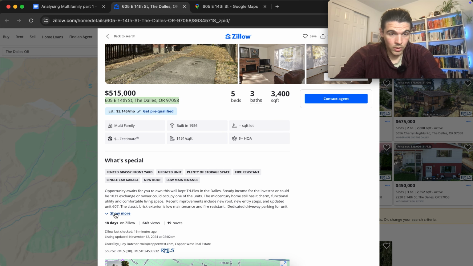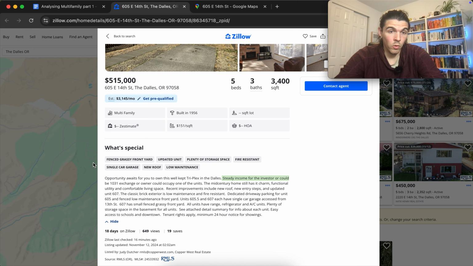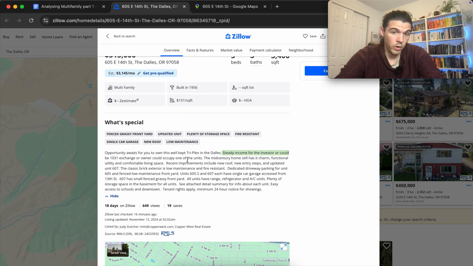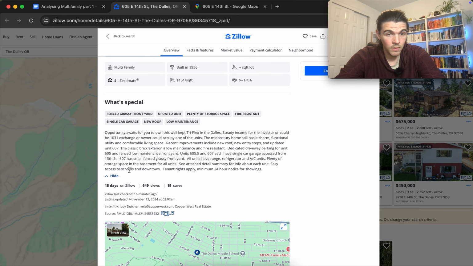So going through their listing, opportunity awaits you with this well-kept triplex. So it's 3 units in the Dalles. Steady income for an investor, or it could be a 1031 exchange, or only occupy one of the units. Mid-century home, bunch of charm, recent improvements, new roof, new entry steps, updated unit, classic brick, low maintenance, fire resistant, dedicated driveway for one unit.